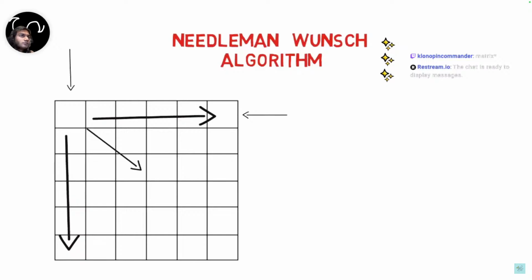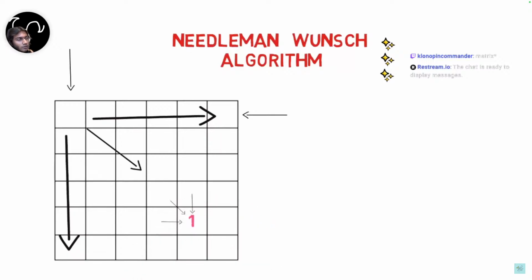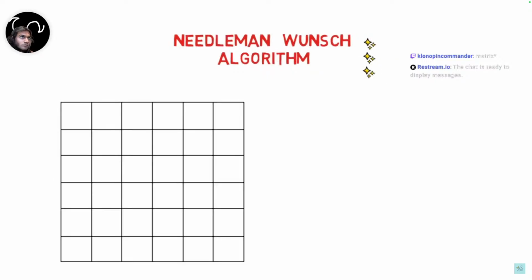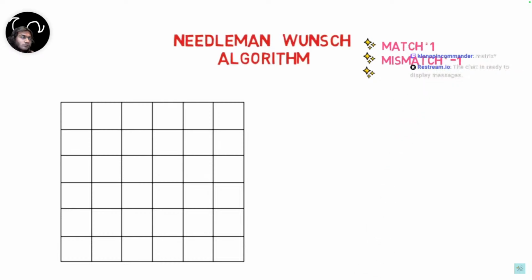Next, and most importantly, how do we fill the matrix? To fill out this box, let's call it box number 1. Values will come from 3 directions: top, left, and diagonally. In light of these considerations, we fill in the boxes in the given example. Every match has a value of +1, every mismatch has a value of -1, and every gap has a value of -2.